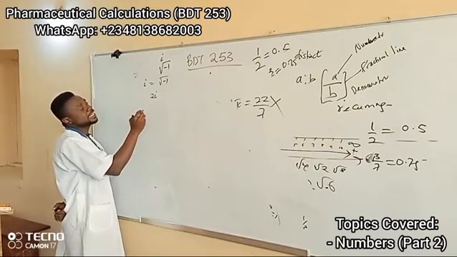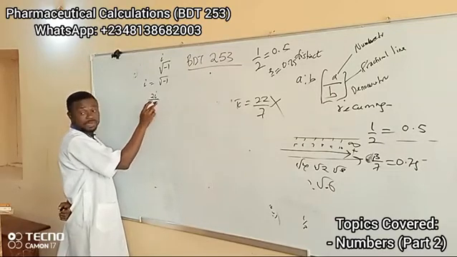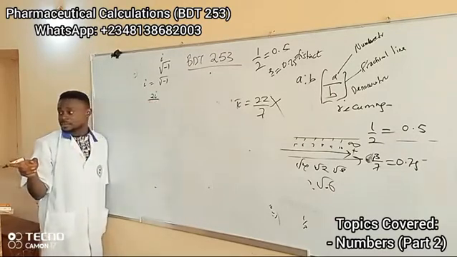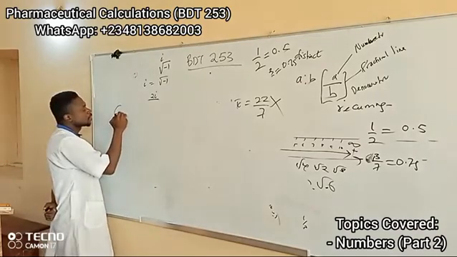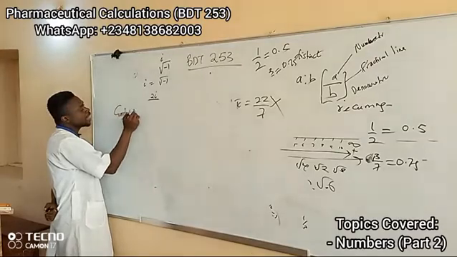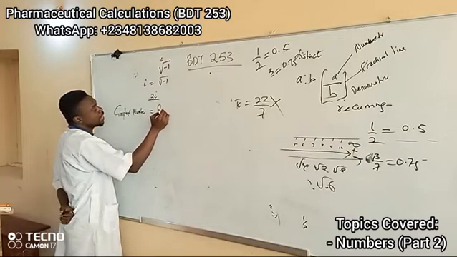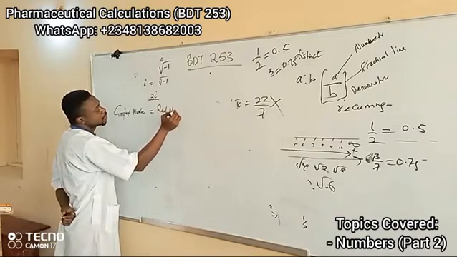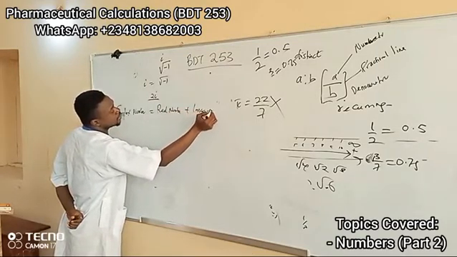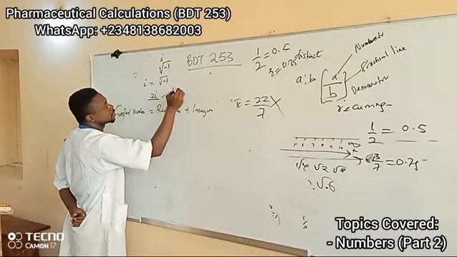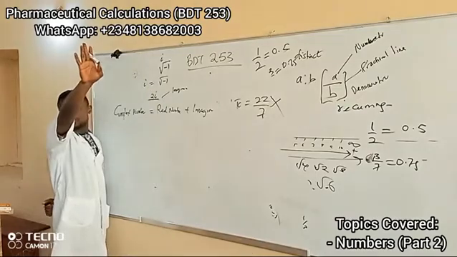So that means a number in this form is an imaginary number. 2i is an imaginary number. So a complex number is a combination of real number and imaginary number. i is root minus 1.